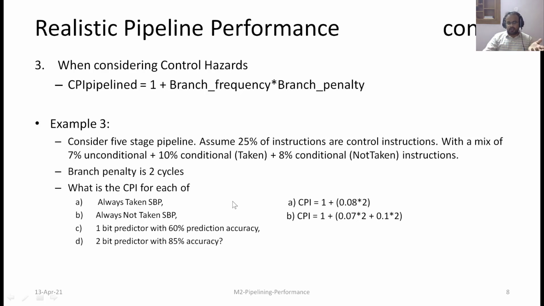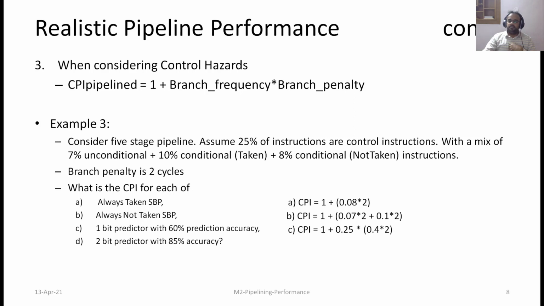Let's further continue and look at the 1-bit predictor with 60% accuracy. Here we have 25% control instructions and the branch predictor is able to handle 60% of them. So the remaining 40% would result in 2 cycles delay, or stalls, or flushes in the pipeline.